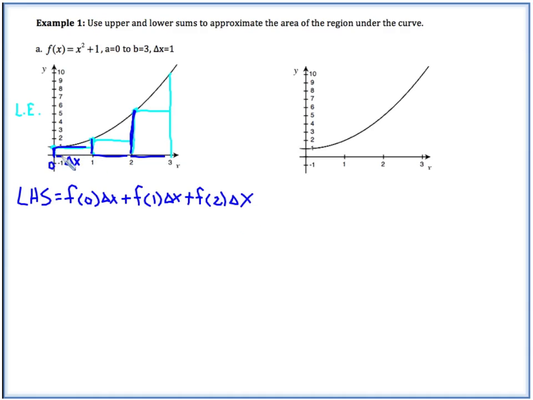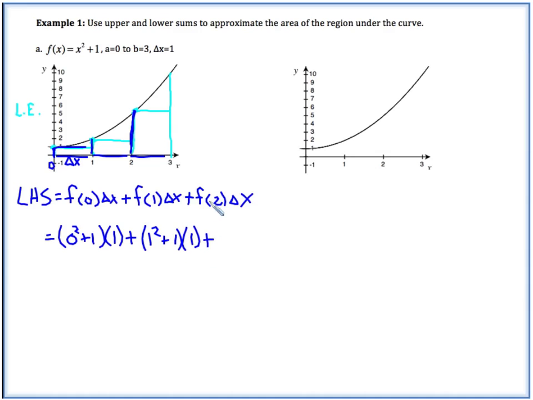Okay, so let's go ahead and just substitute in our numbers here to come up with our left-hand sum. So f of 0 means we're going to plug 0 into our function here. So we have 0 squared plus 1 times delta x, which in this case is just 1. And then times f of 1, so we're going to plug 1 into our function: 1 squared plus 1 times delta x, which is 1.